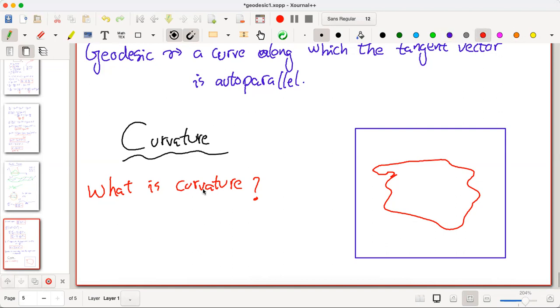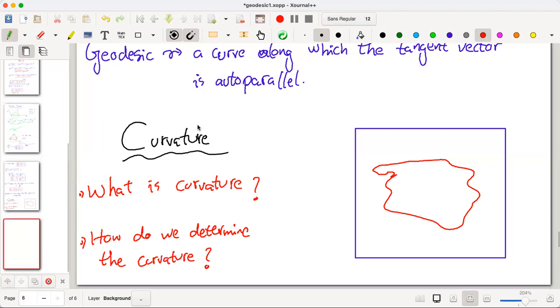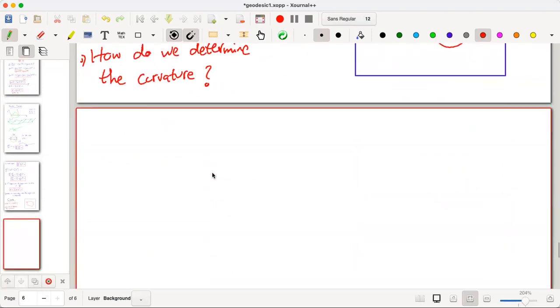So the first question is, what is curvature? The second question is, how do we determine curvature? Well, the answer to the second question is by doing parallel transport along a closed loop, any closed loop.